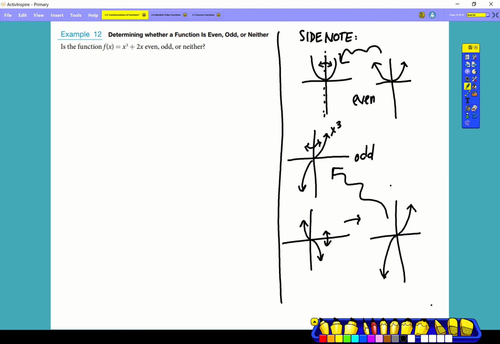So is the function f of x equals x cubed plus 2x even, odd, or neither? And it is possible to be neither. A lot of functions, most functions are probably neither once you add transformations to them. Okay, so for even, we're going to do f of negative x.